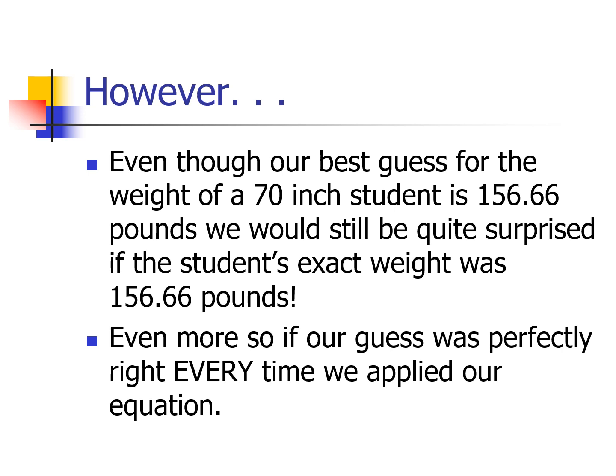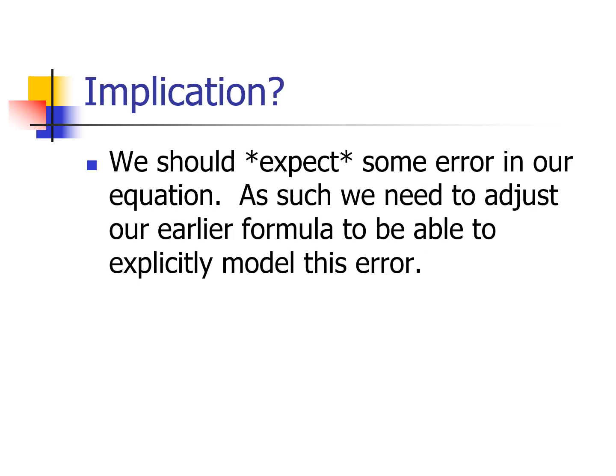That implies that we expect there to be error in this equation. And that's something that we haven't really taken into account or discussed yet, but it's the cornerstone for how statistics gets involved in this process. That is, we should expect some error in our equation.